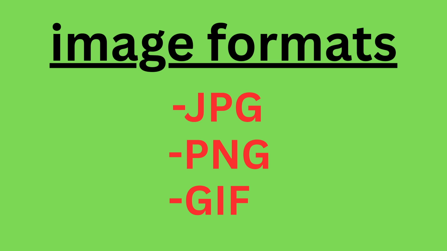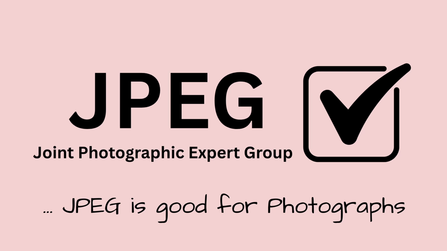The JPG or the JPEG is the Joint Photographic Experts Group. We have the PNG as the Portable Network Graphics, sorry, and also we have the GIF as the Graphics Interchange Format. JPG images usually lose quality when they are compressed.